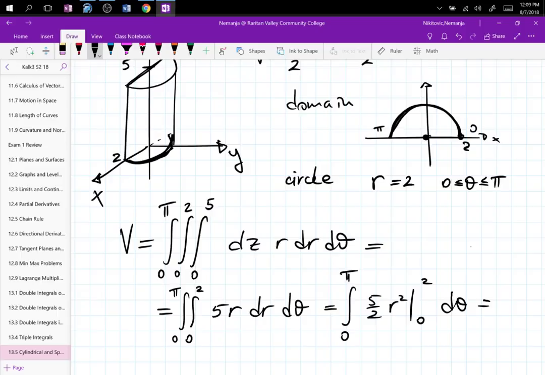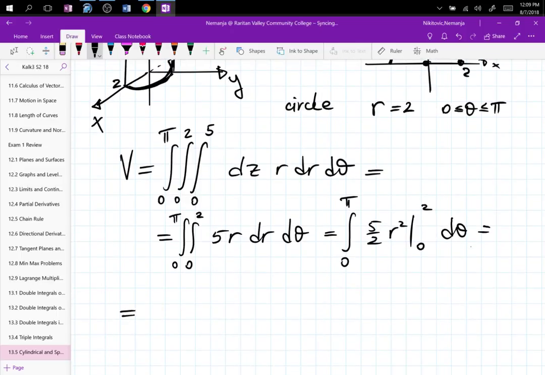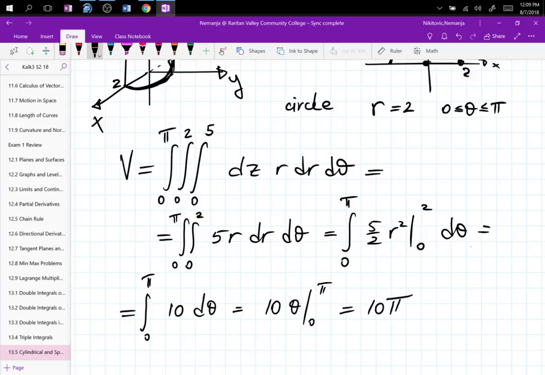Still have d theta. This is 0 to pi. You plug in 4 times, cancel 2, so we get 10 d theta, which is 10 theta from 0 to pi, and there's your 10 pi, and you move on with your life.